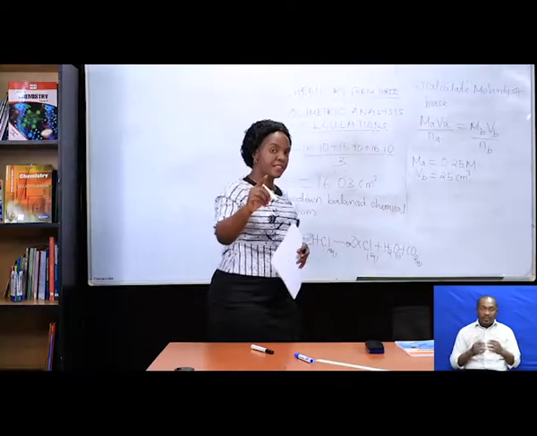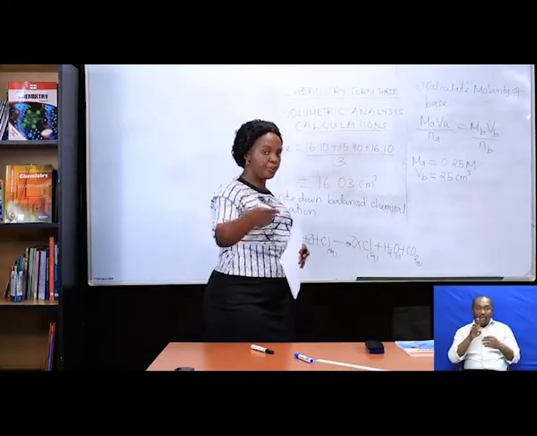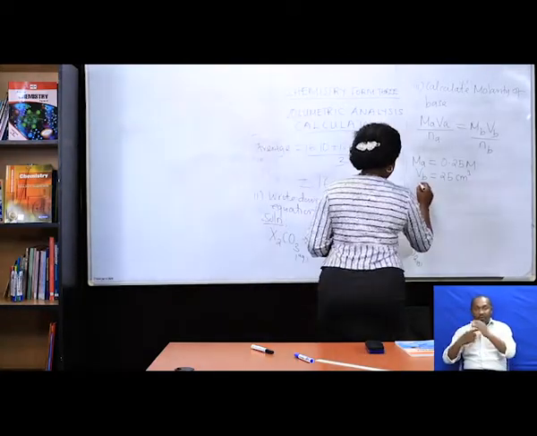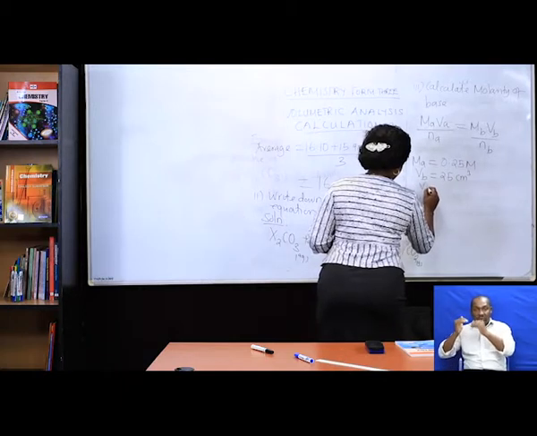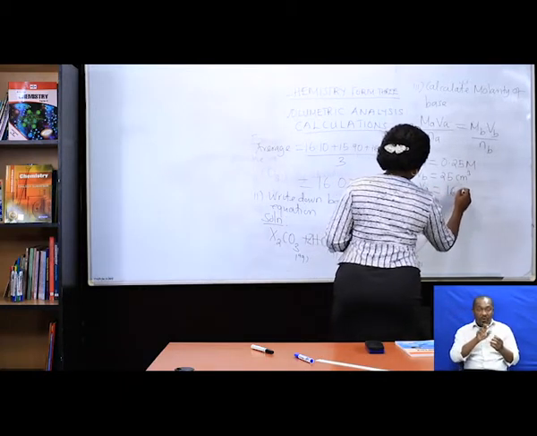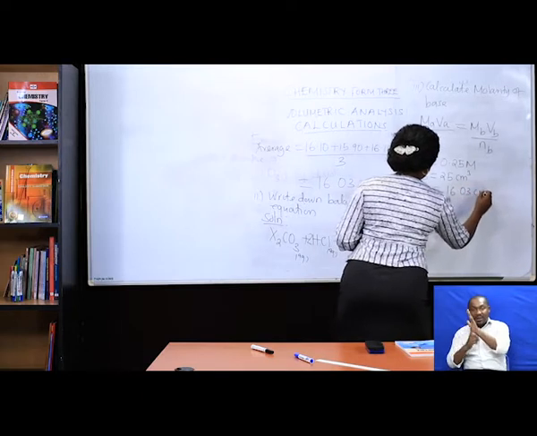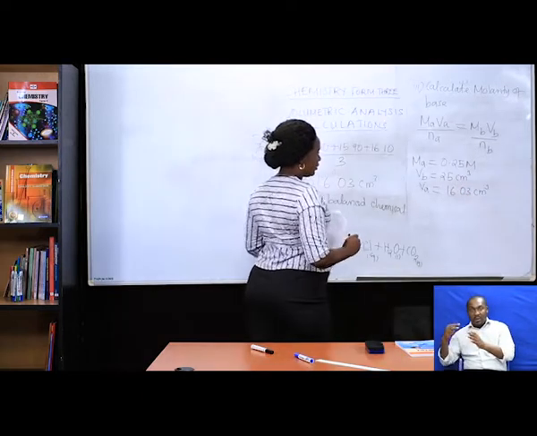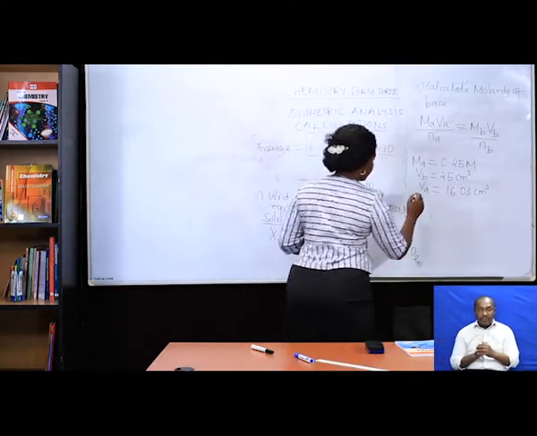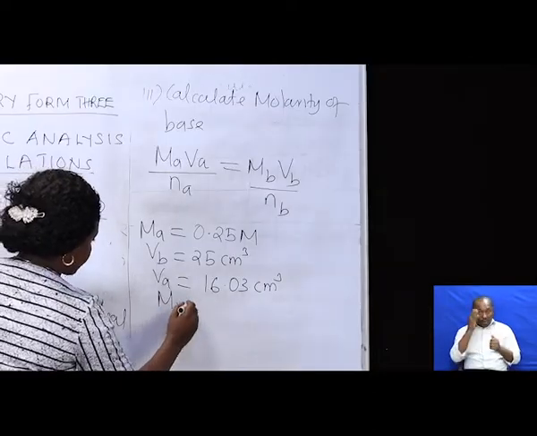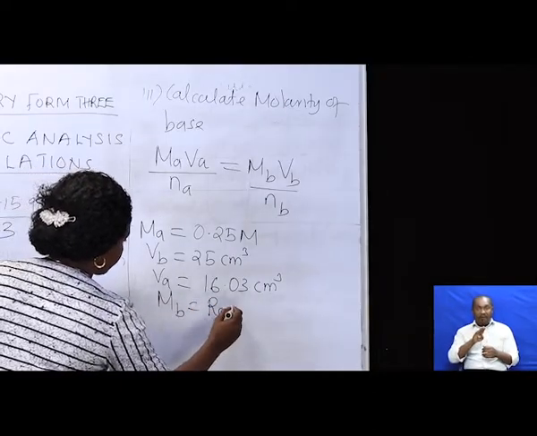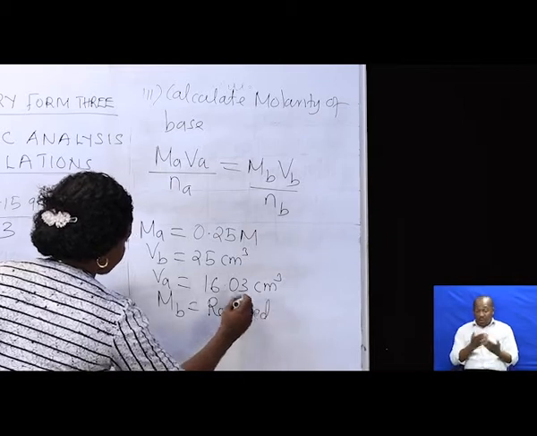The volume of base is obtained from the average volume used. Therefore, volume of acid obtained was 16.03 cubic centimeter. What do we need again? We need to know molarity of base. This is also required. We don't have it.